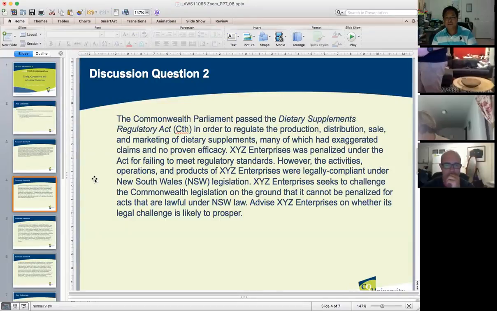However, the activities, operations, and products of XYZ Enterprises were legally compliant under New South Wales legislation. XYZ Enterprises seeks to challenge the Commonwealth legislation on the ground that it cannot be penalized for acts that are lawful under New South Wales law. Advise XYZ Enterprises on whether its legal challenge is likely to prosper.